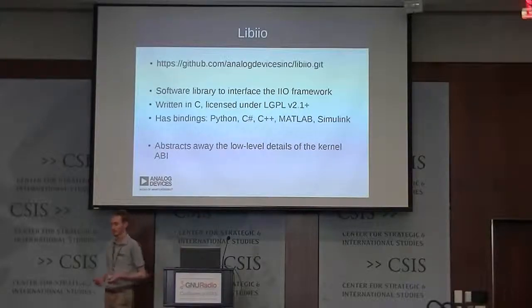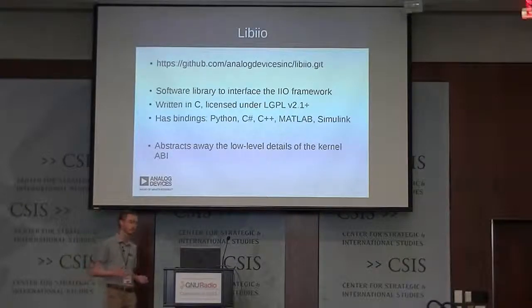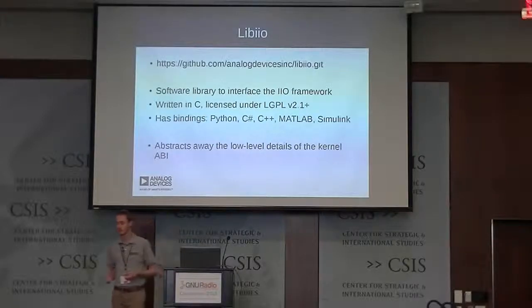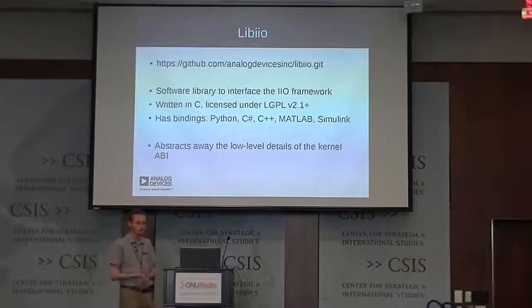So my first job when I joined Analog Devices was to write a software library called libiio that takes care of all the low-level details of the Linux kernel, and it allows you to write a user-space application that uses IIO devices much more easily than just playing with the kernel.